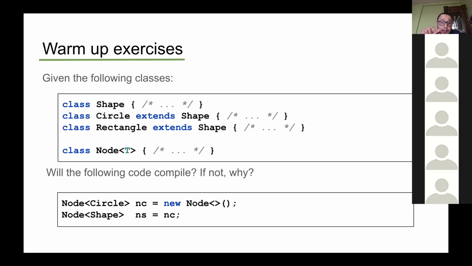So this is kind of another class. It has nothing to do with node. It has nothing to do with circle. So when we define another type of node with shape, this will also be compiled into another class. So these two nodes, node with circle and node with shape, are actually different classes.